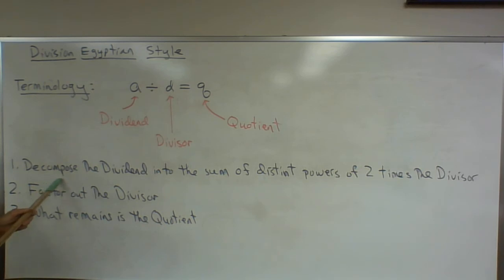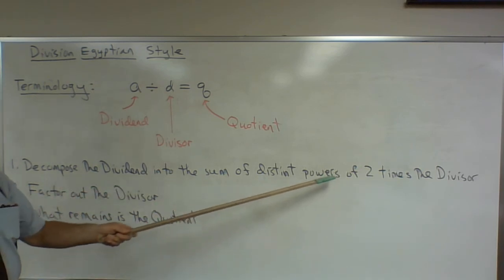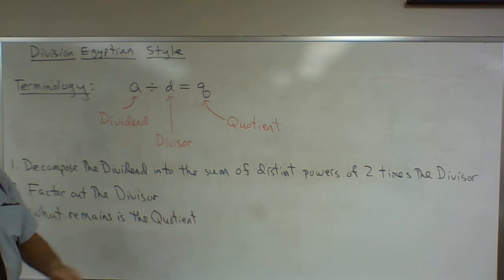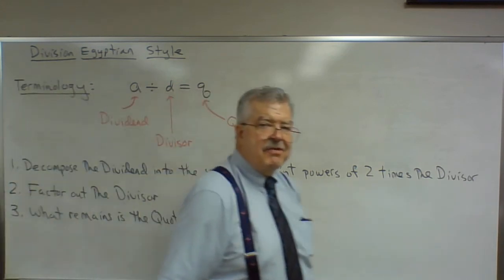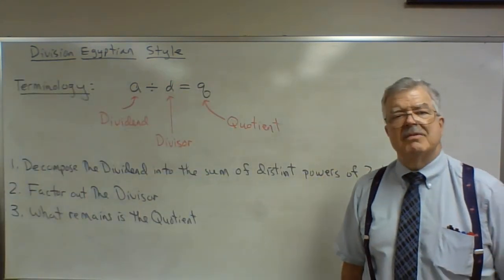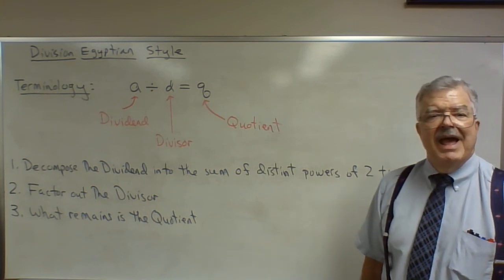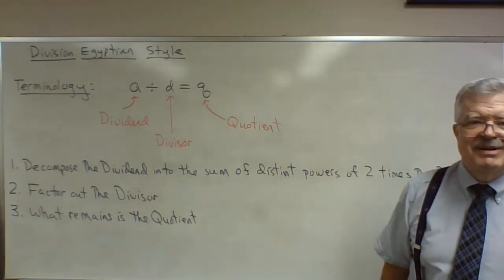Step 1, decompose the dividend into the sum of distinct powers of 2 times the divisor. Second step, factor out the divisor. And what we have left is the quotient. Look at that for a minute or so, copy it down, and then we'll do an example or two.